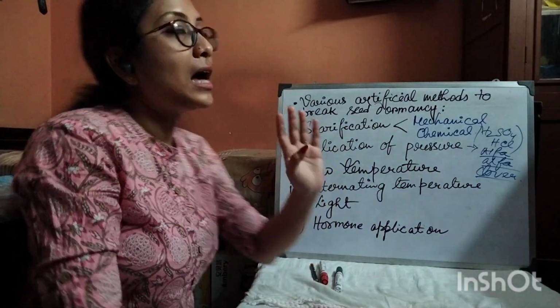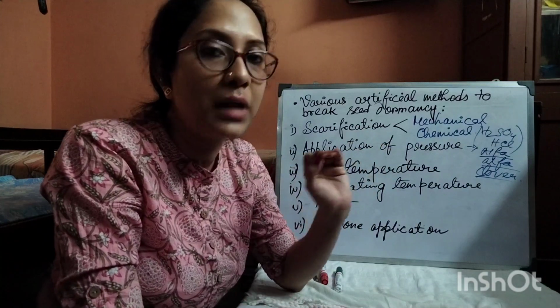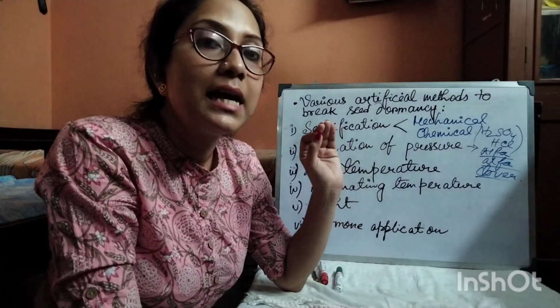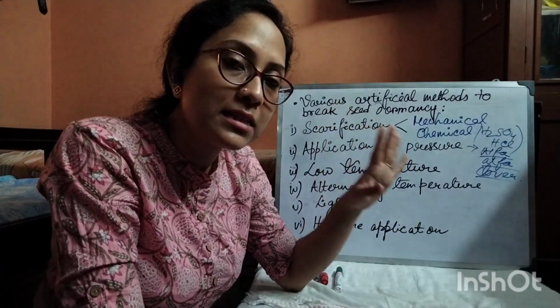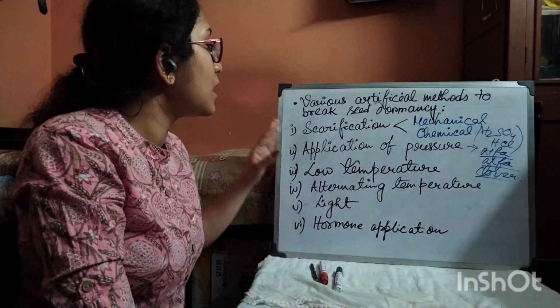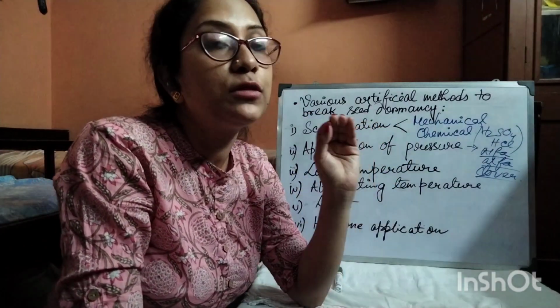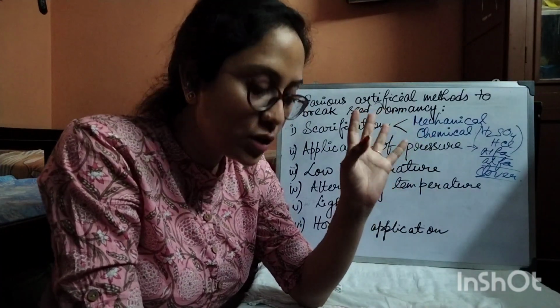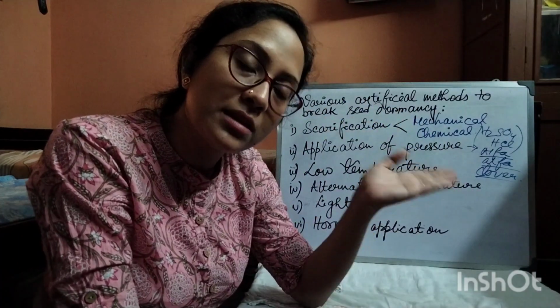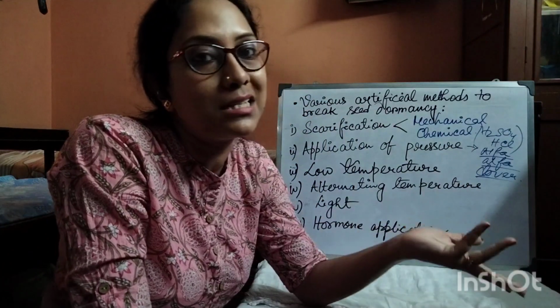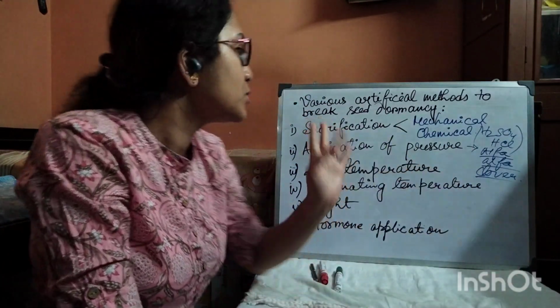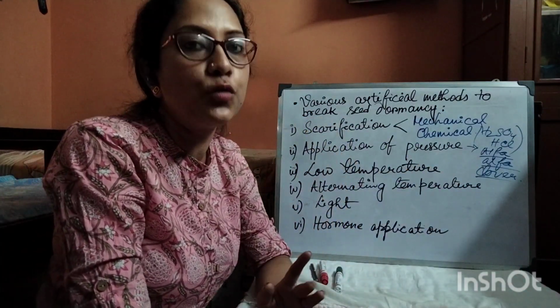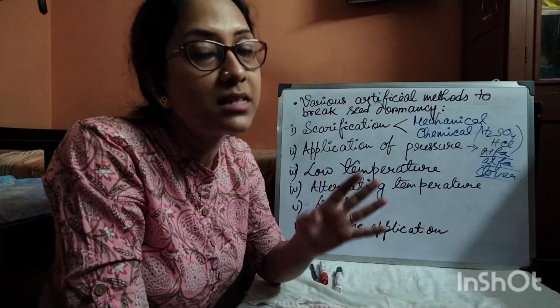Understood? In the case of alfalfa and clover plants, with 18 degrees Celsius temperature and application of 2000 atmospheric pressure, within 15 to 20 minutes the seed will eventually start germinating. So this is another artificial procedure for breaking seed dormancy.